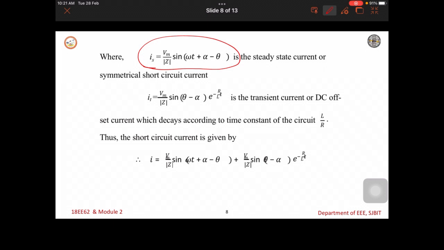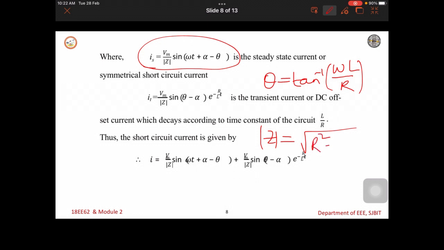Here theta is tan inverse of omega L by R, the power factor angle, the angle by which the steady state current lags the voltage, and the impedance Z is root of R square plus omega L whole square.